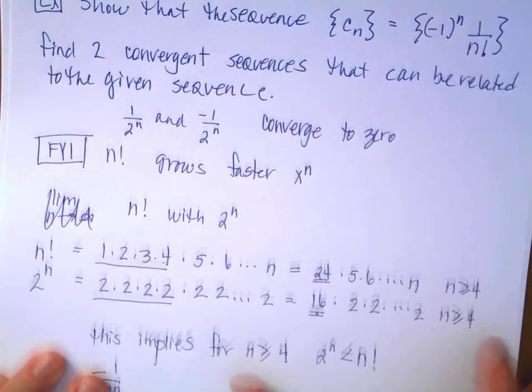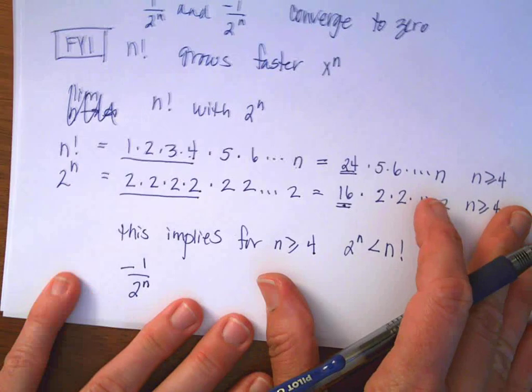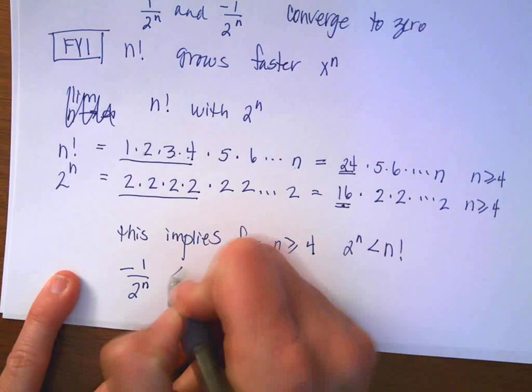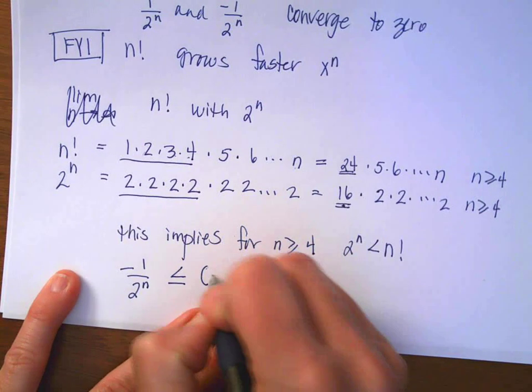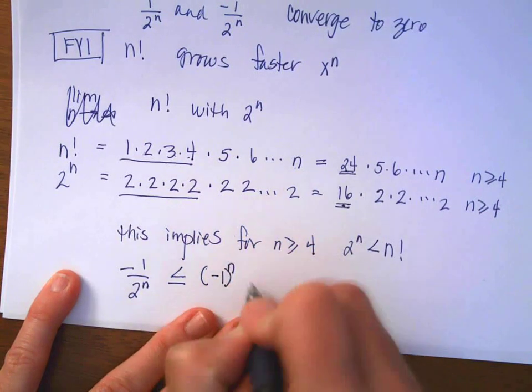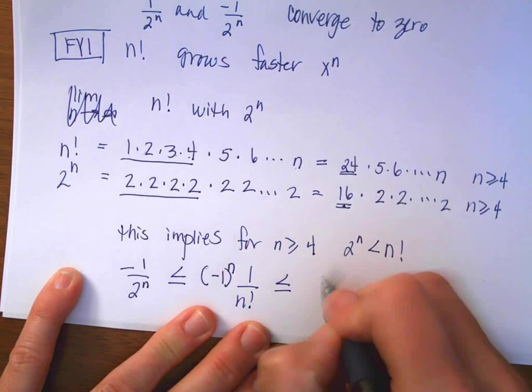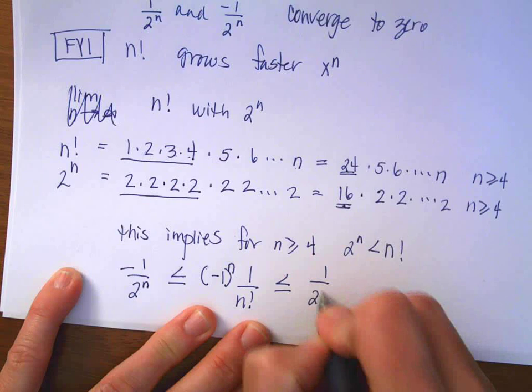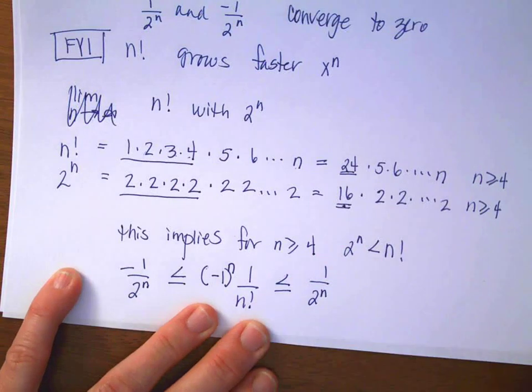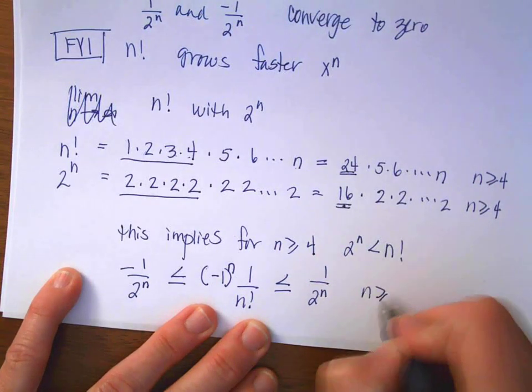Okay, so then by the squeeze theorem, negative 1 over 2 to the n is less than or equal to negative 1 raised to the n over n factorial, which is less than or equal to 1 over 2 to the n.